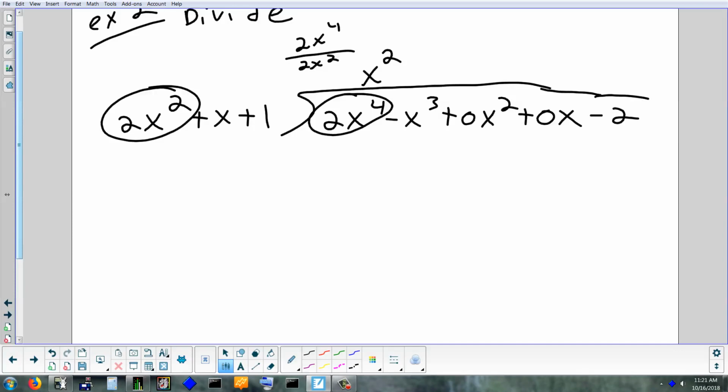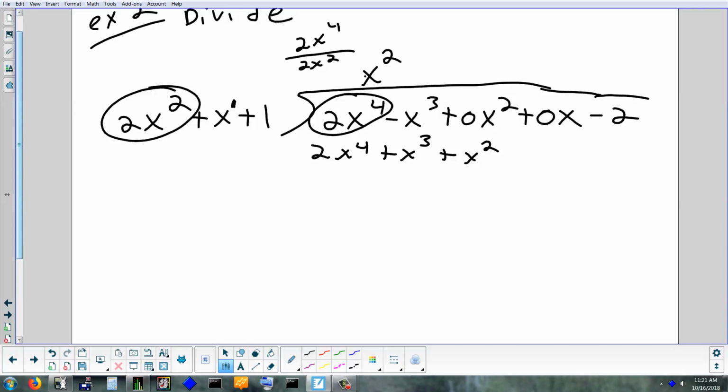Okay. So x squared times 2x squared. X squared times x gives me x cubed, because remember there's a 1 if you want to put that in. And then x squared times 1 is x squared. And what am I going to do with all 3 of those columns?